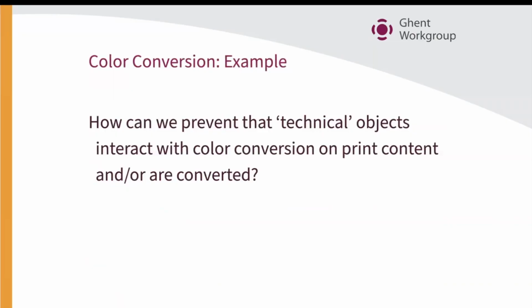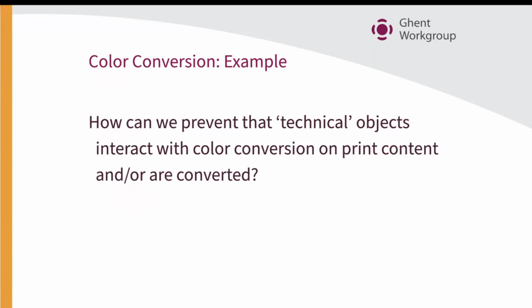So I will give you an example. In the previous example, we had a design which has several technical objects like the CAD information or the foil. And what do we need to do to prevent these technical objects from interacting with your color conversions, with print content, which means they should not be blended in your print content because it's not print content, or similar?